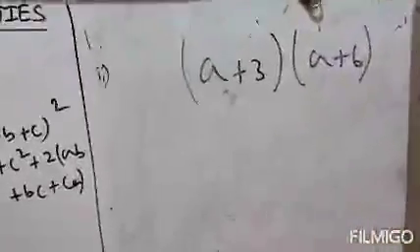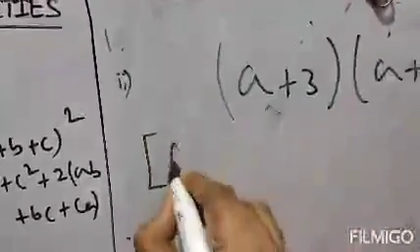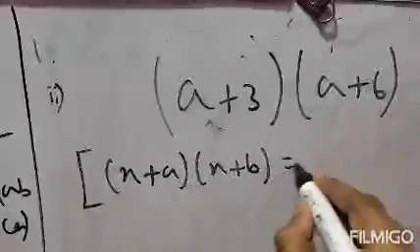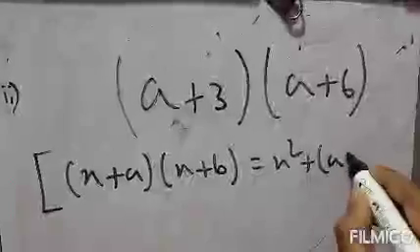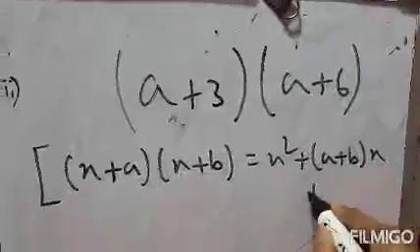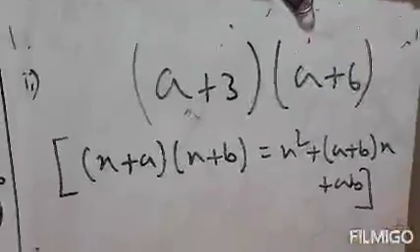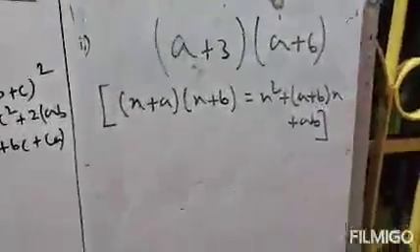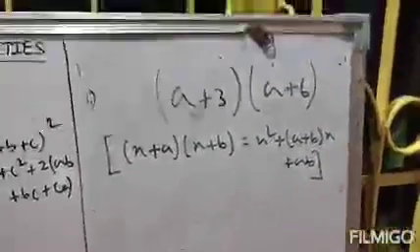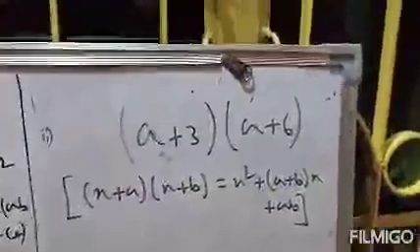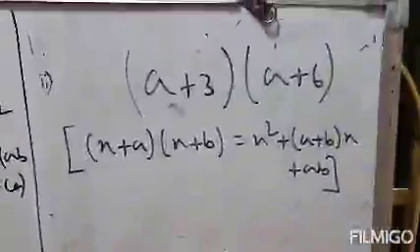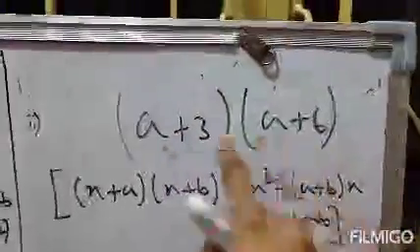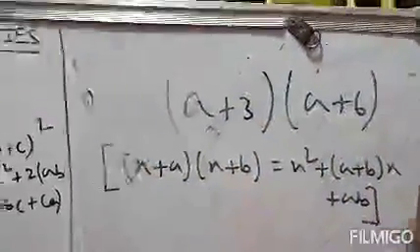The first identity was (x plus a)(x plus b) equals x square plus (a plus b)x plus ab. How do I understand that this identity will be used in this question? Because both are plus signs here, and here also both are plus signs.